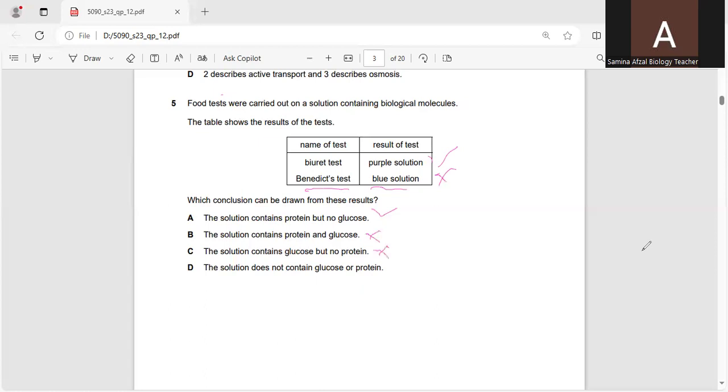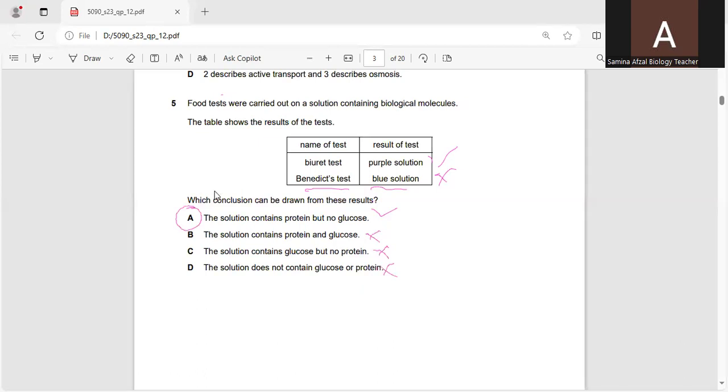No. The solution does not contain glucose or protein. No. I already told you that if the Biuret test shows the purple result, it means protein is present. And if the Benedict test shows a blue color, it means reducing sugar is absent. So according to our knowledge, option A is the correct option.